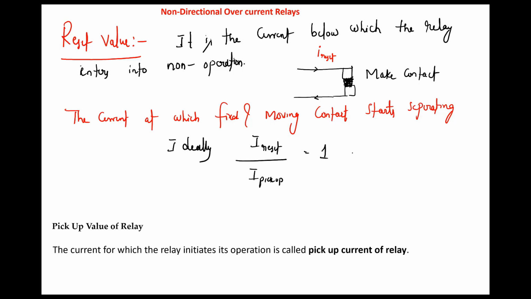Certainly below the pickup value. So practically this value will be in the range of 0.92 to 0.98, if it is a very good design. Always the reset current is less than the pickup current.